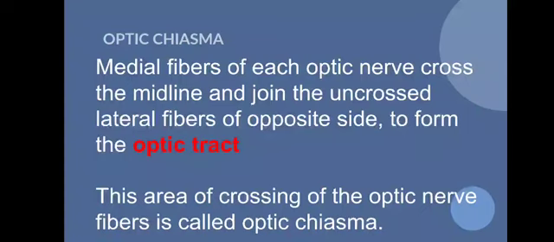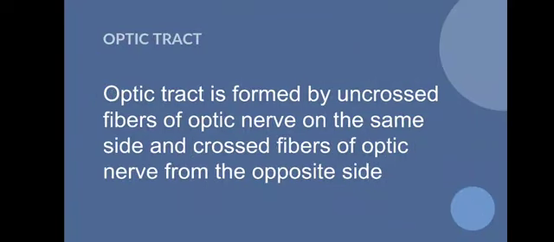This area of crossing of the optic nerve fibers is known as the what? Optic chiasma. Okay. Now, the optic tract is formed by the uncrossed fibers or temporal fibers of the optic nerve on the same side and crossed fibers of the optic nerve from the opposite side.